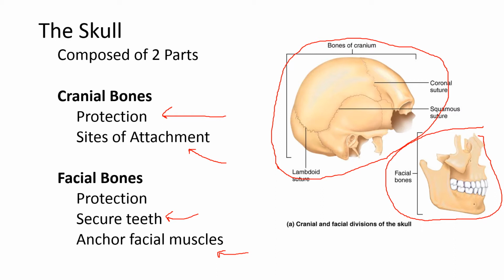And they also help protect. They make cavities that contain our special organs, things like our eyes, our tongue, and the nasal cavity as well. These facial bones provide openings for air and food passage into the human body.